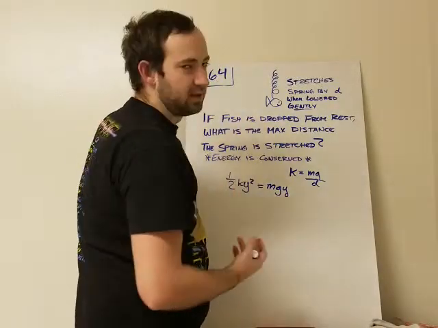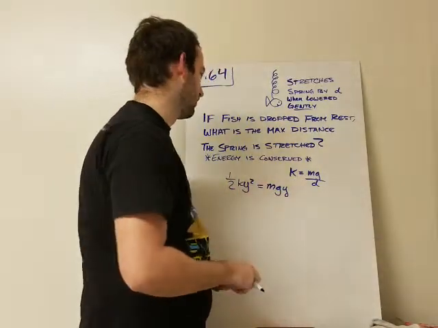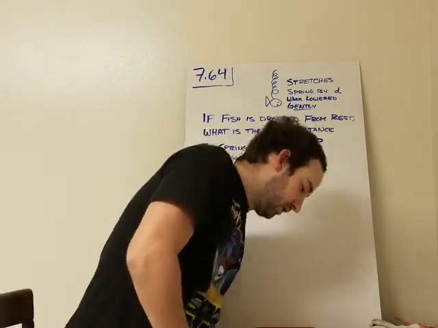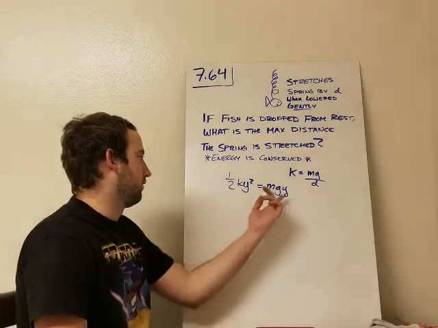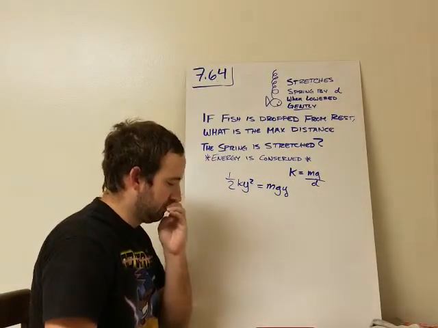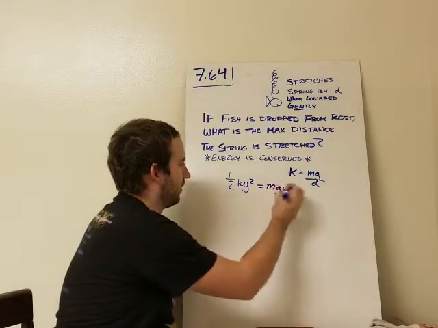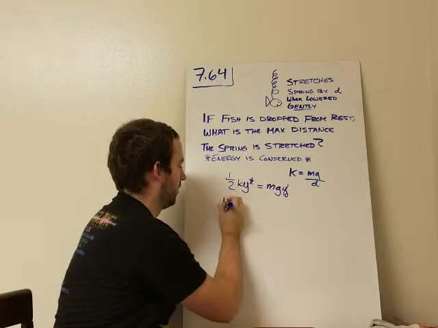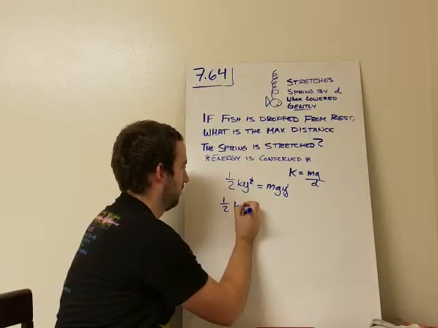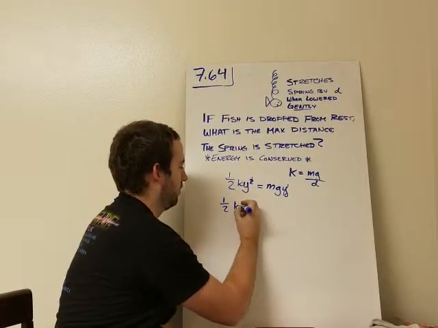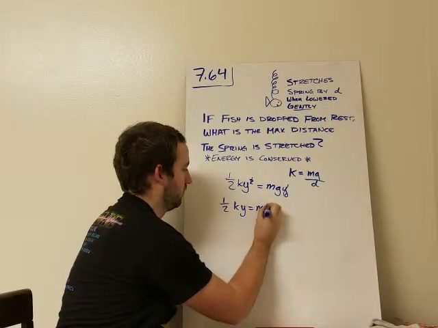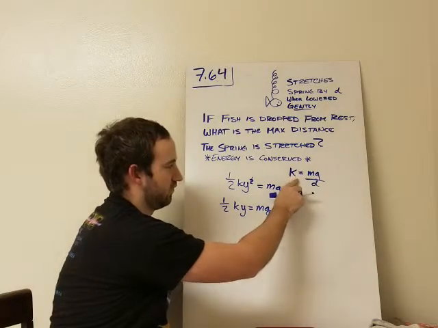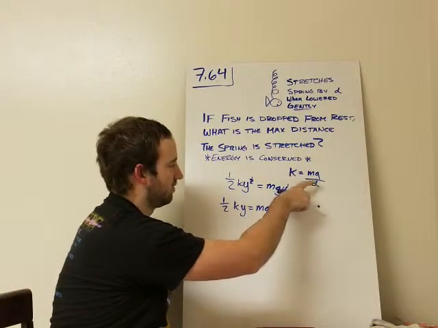Just our basic energy equations. Since we want to solve for y, first of all, we can cancel one of our y's, because one is squared. So we end up getting 1/2 K y equals mg.